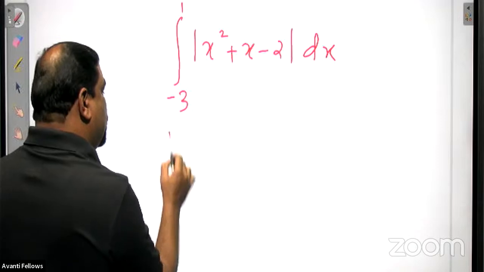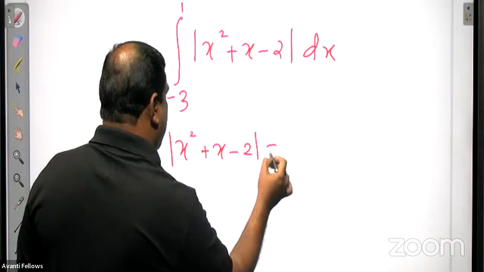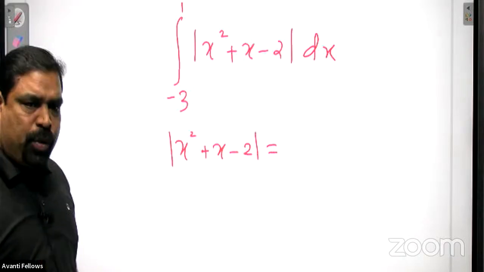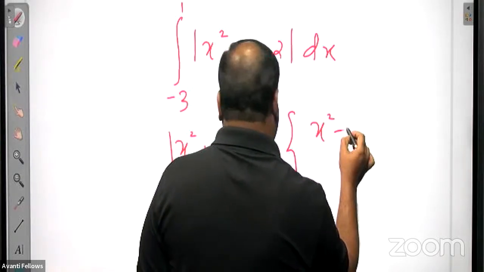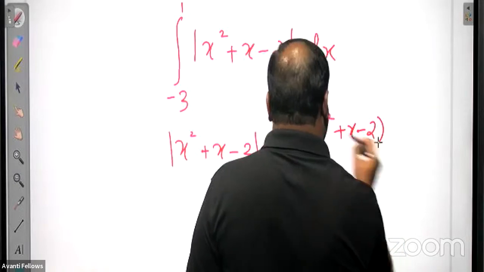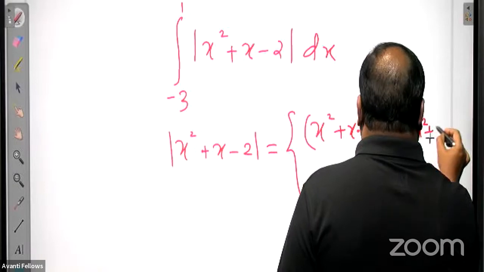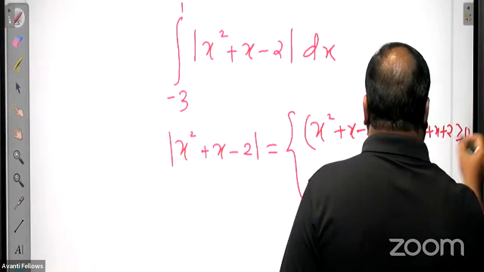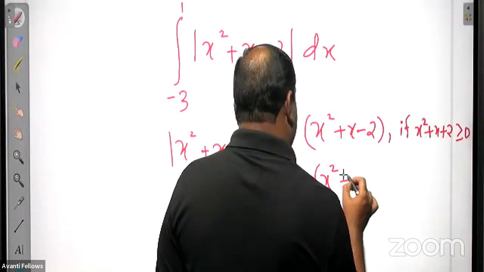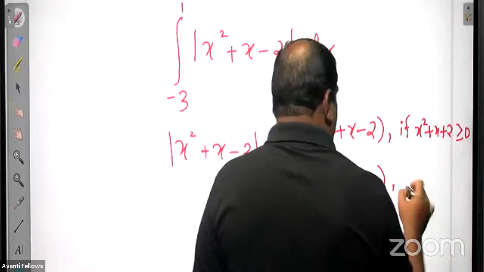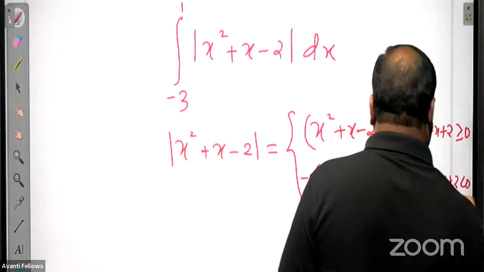What we have to do is split this mod. So modulus of x square plus x minus 2, by definition, must be equal to the same expression, x square plus x minus 2, whenever the value of this expression is greater than or equal to 0, and minus of that expression whenever its value is less than 0.